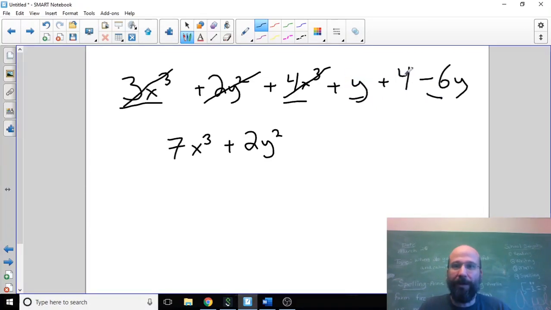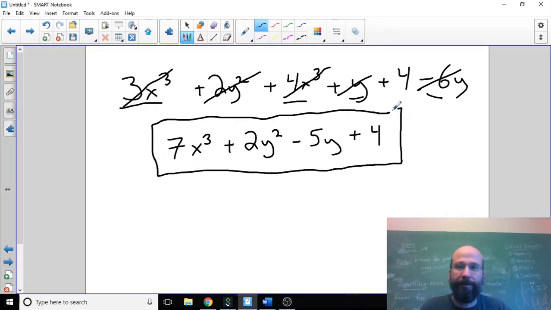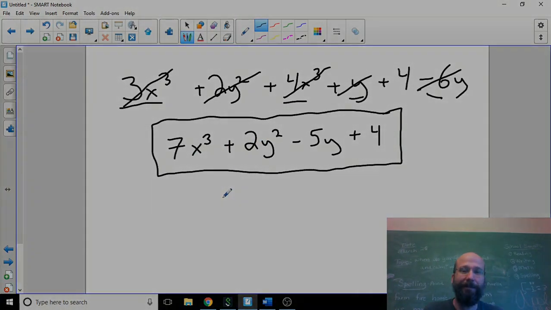So this is 1y minus 6y gives us minus 5y. So I've taken care of that, and then the last thing I have left over is a plus 4. So this would be my final answer, because I've combined all like terms. That's it with combining like terms.